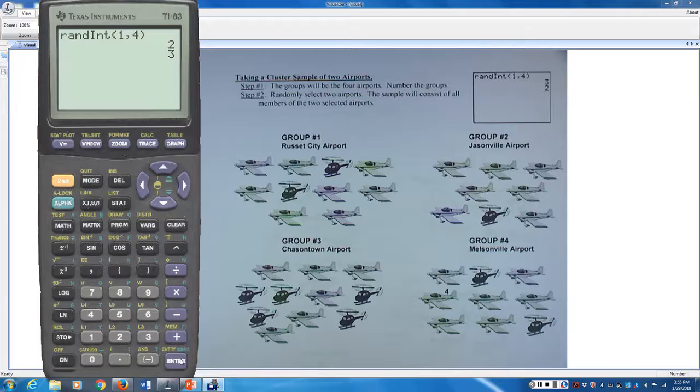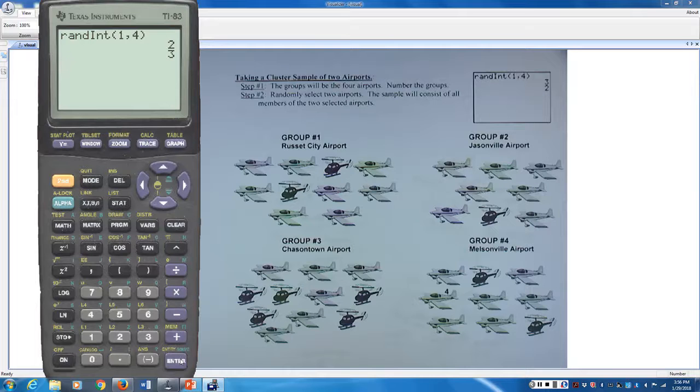I got 2 and then 3 rather than 3 and then 2. You choose 2 airports and tell me which 2 you chose. No, airports, not planes, airports. Because remember, you're picking groups on this one.